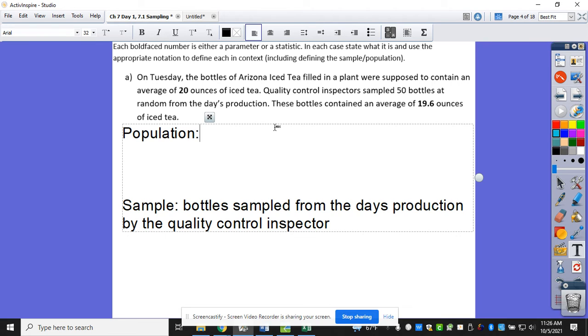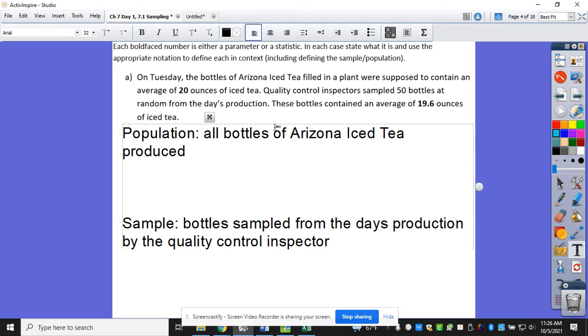So because that is my sample, what is my population? Bottles of, I'm putting together things you are saying, and produced what?